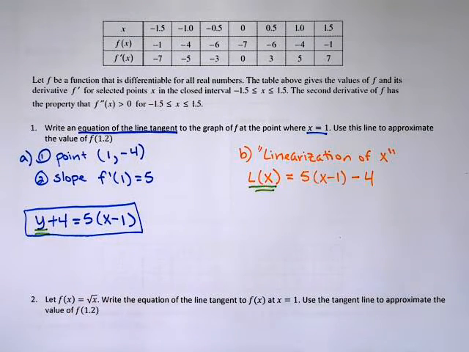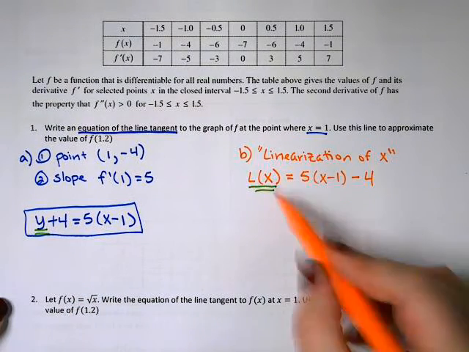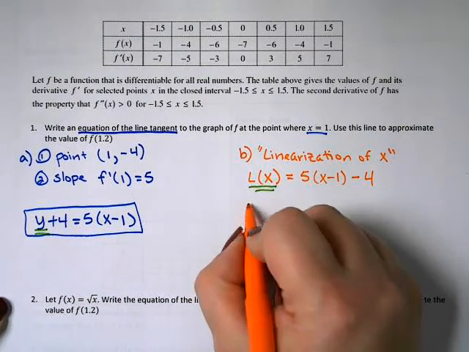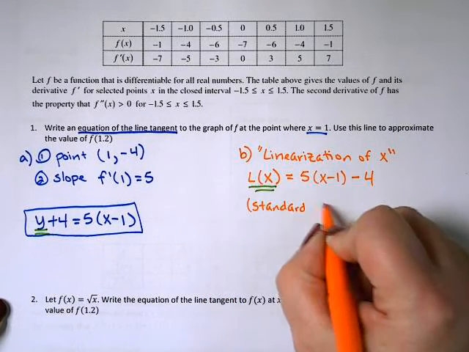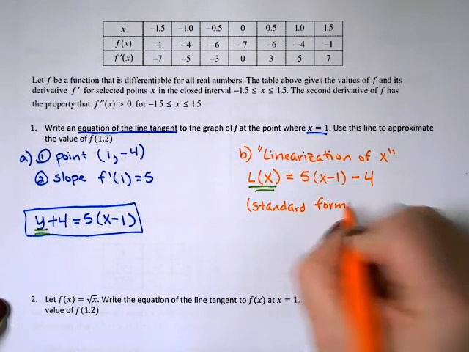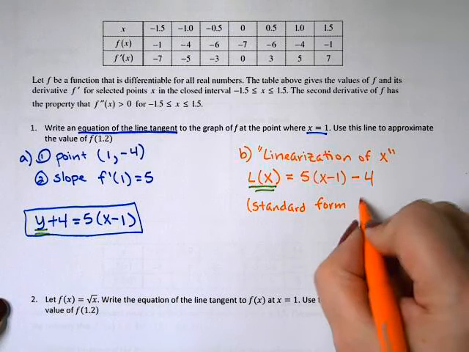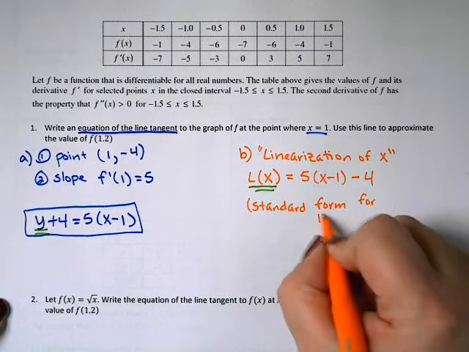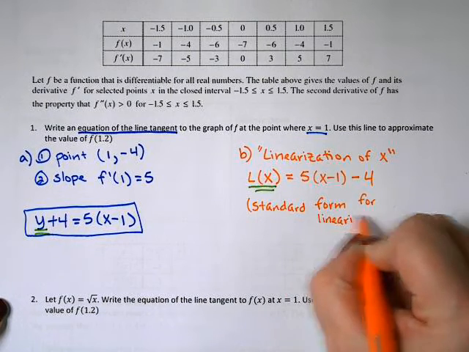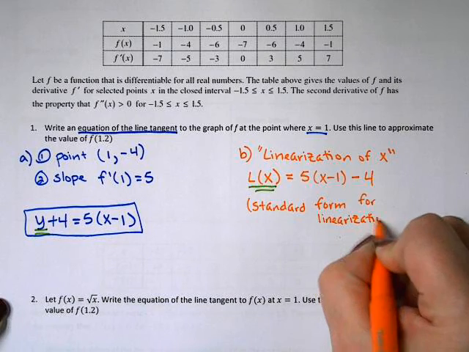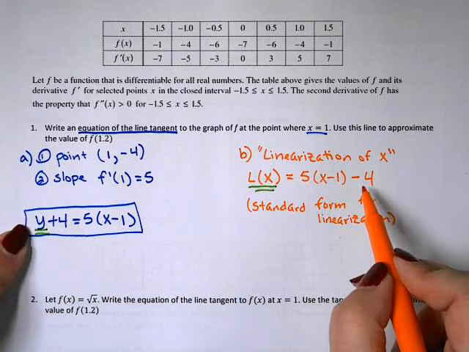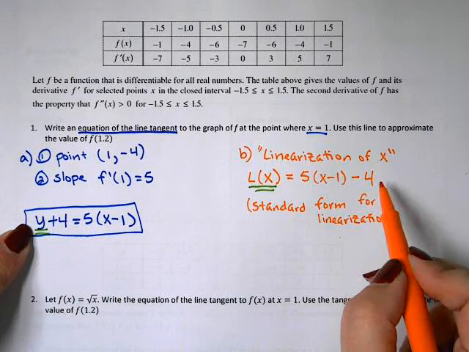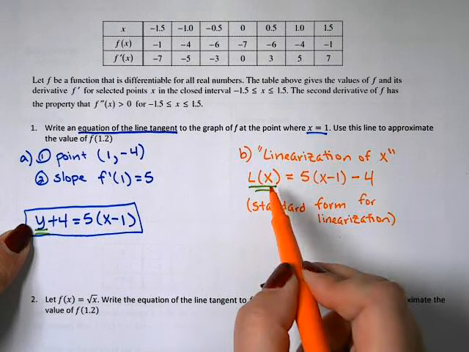All right, this is actually going to be our standard form for linearization. So it's kind of a point slope form, but not quite. So standard form for linearization. So we're going to change it to an L of x instead of a y, and we're going to move that y value over to the other side so that L of x is by itself.